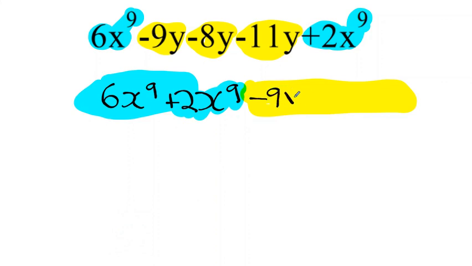I am copying all my terms that have y's. And now I can combine this part here. So 6 plus 2, I'm only looking at my coefficient. That's the only thing I'm going to add, my coefficient. 6 plus 2 is 8. Everything else I just copy.